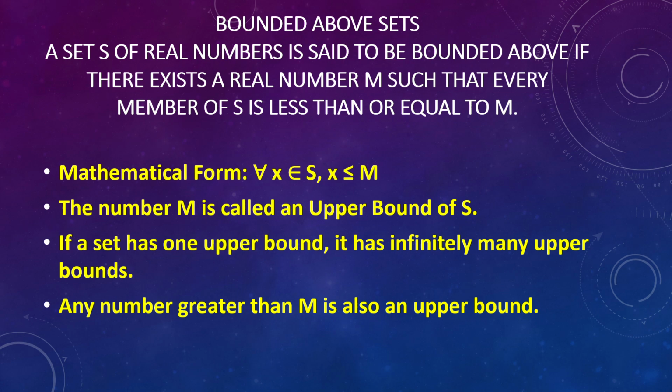Because any number greater than m will also be greater than or equal to every element of the set, and hence it will also serve as an upper bound. This naturally leads to the interesting question: among all these upper bounds, can we find the smallest one? That question will lead us to the concept of supremum.